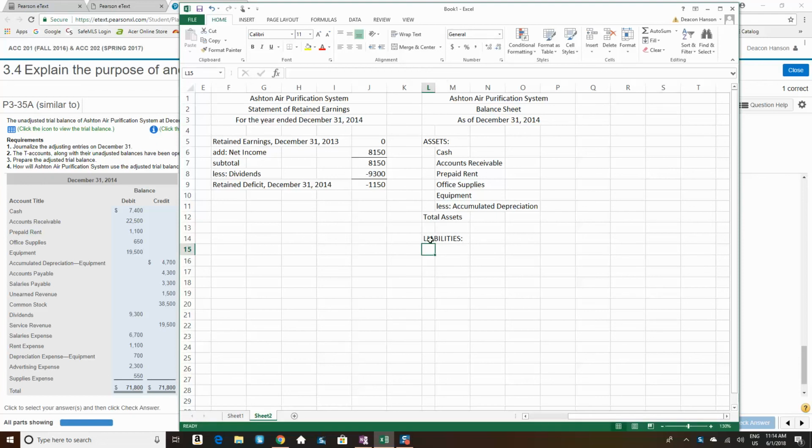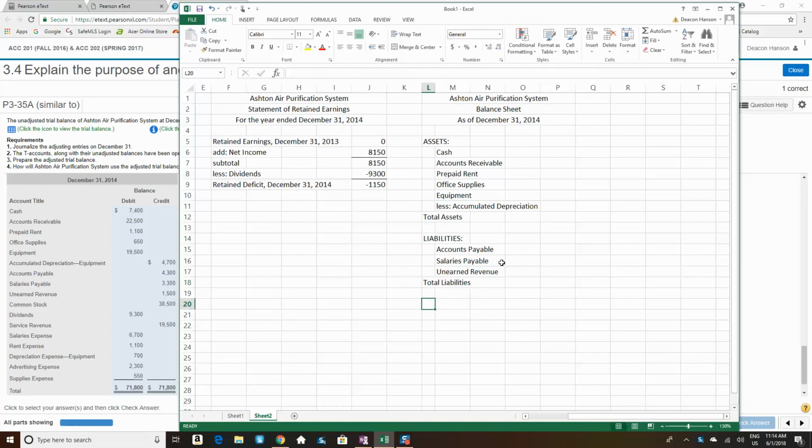And what are your liabilities? You have accounts payable, you have salaries payable. Oops, went a little too fast. You have unearned revenue. So you have another little subtotal here called total liabilities.